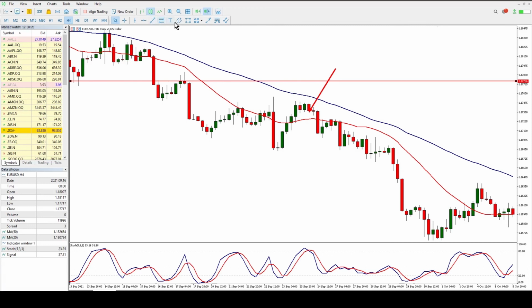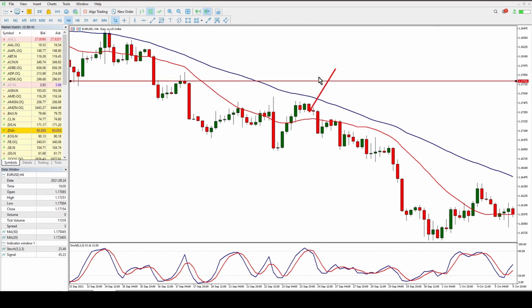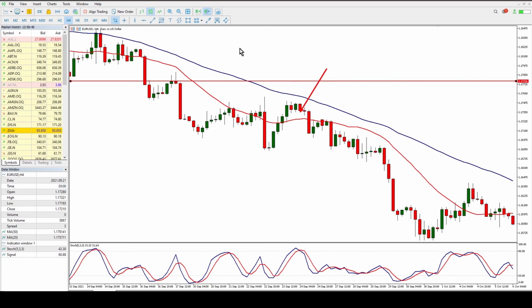So the two options here are that we either keep the risk always the same, we never risk more than 1% or 2%, and then we vary the position size in order to keep the risk equal. Or we say that we're always going to trade one contract, and then we sometimes have bigger losing trades and sometimes smaller losing trades.